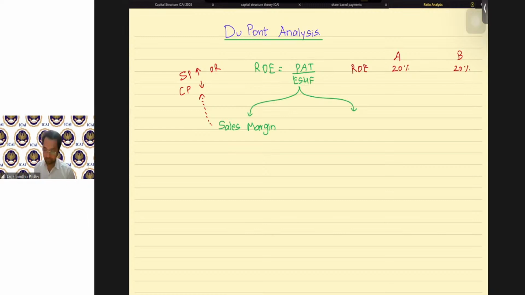That is one idea. Or, sir, if it is not possible for me to increase the sale price or reduce the cost price, my sales margin will remain constant at 10% or 15% or 20%. So how do I generate more returns for my equity shareholders? Let's say I'm working with a profit margin of 20% of sales.